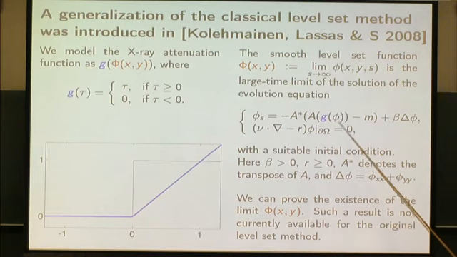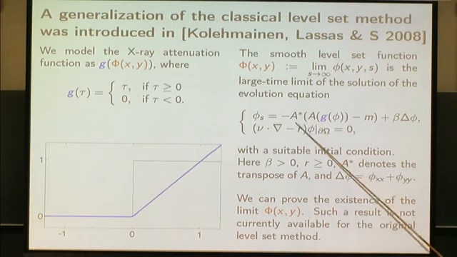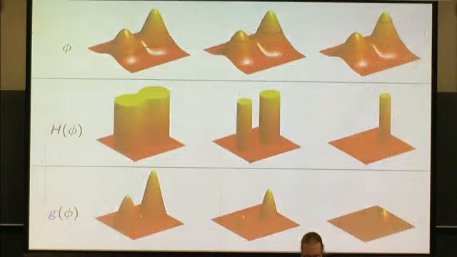Here is our attenuation, here are the projection and back projection operators, our data, and a regularization term requiring that phi is smooth. For this one we can prove that there exists a limit in this process, which is not available for the original level set method because the Heaviside function is too singular. But for this method we can prove convergence.